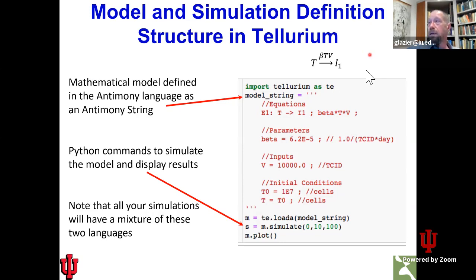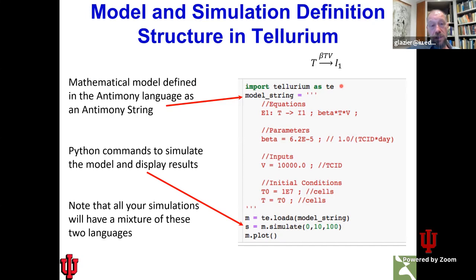We see the line here, import Tellurium as TE. Tellurium is a library of Python functions. And TE is simply a short name for it because typing Tellurium all the time is inconvenient. So import Tellurium as TE imports the Tellurium library, which we're going to use a lot.